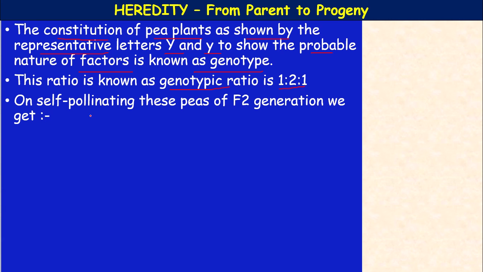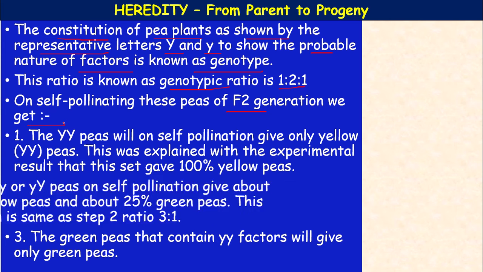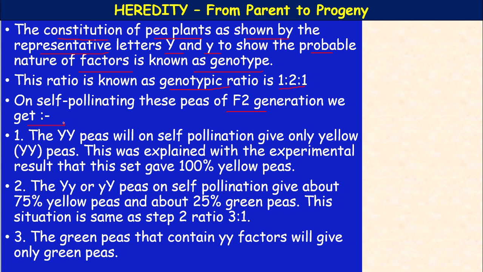On self-pollinating these peas of the F2 generation, we get three results. The first one: the capital Y peas on self-pollinating give only yellow, capital Y peas only.